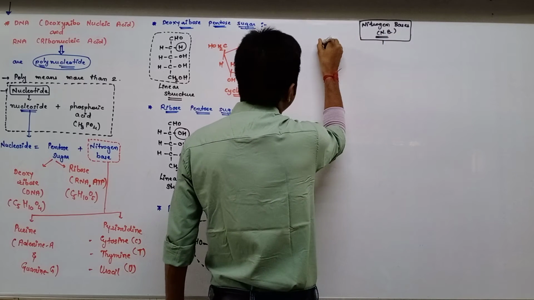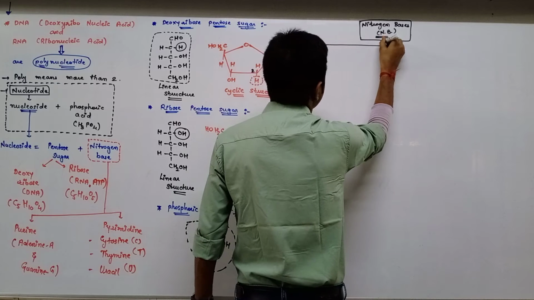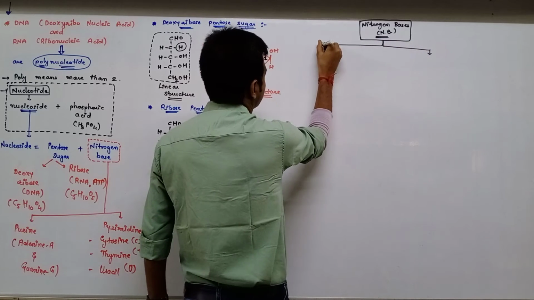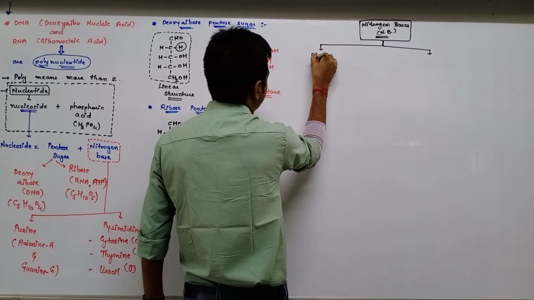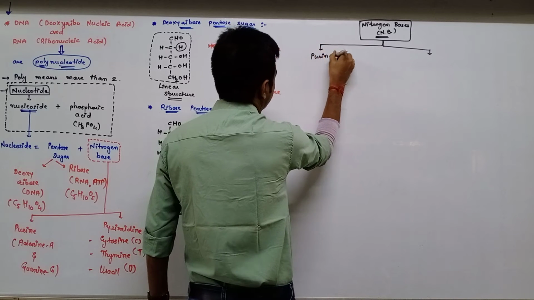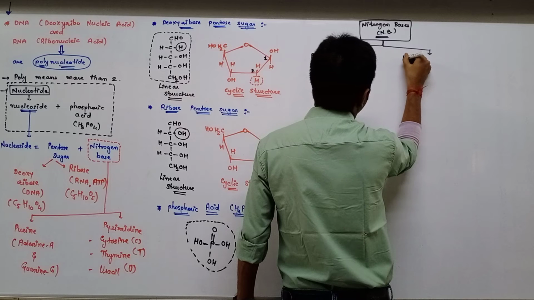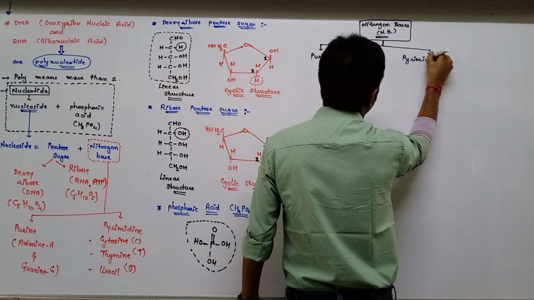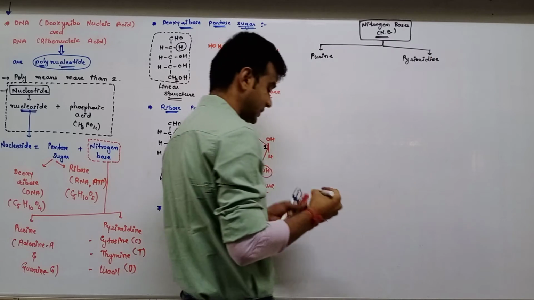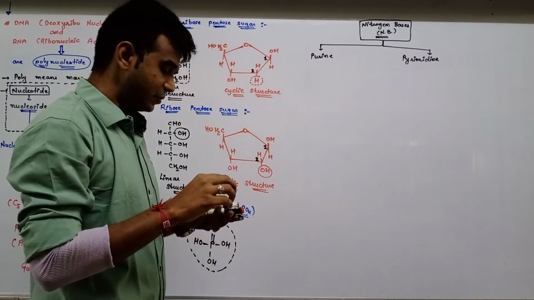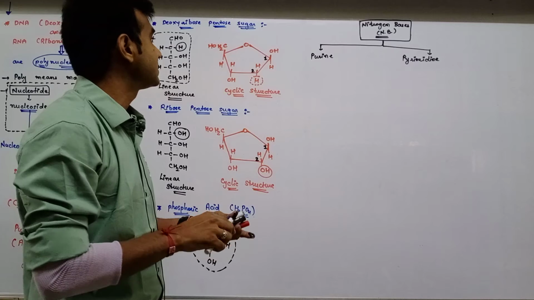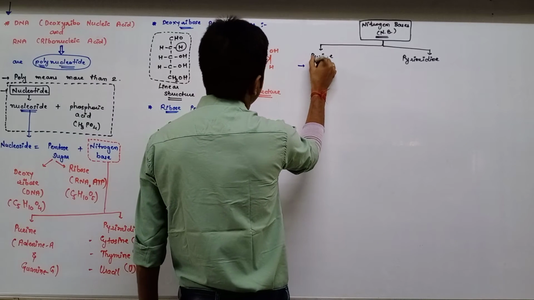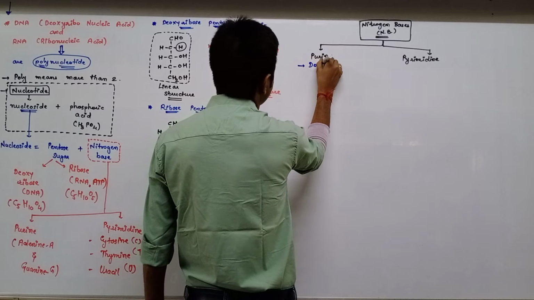Okay, nitrogen bases are of two types: purine and pyrimidine. See, purine means single cyclic structure. Sorry, double ring structure.